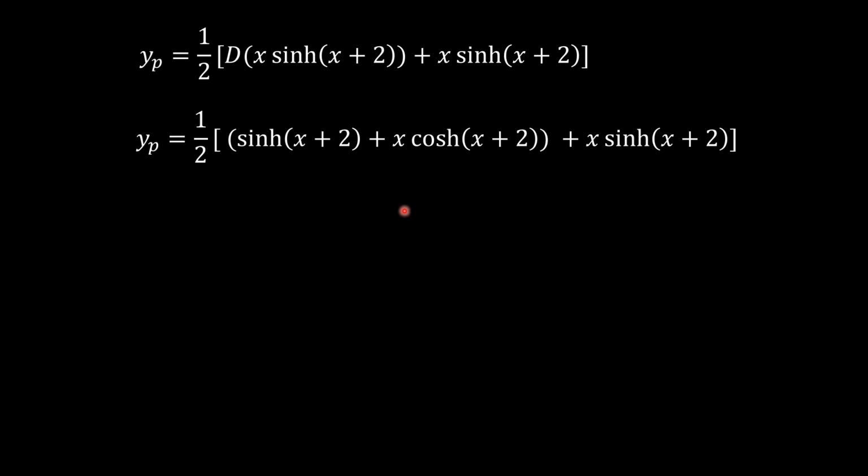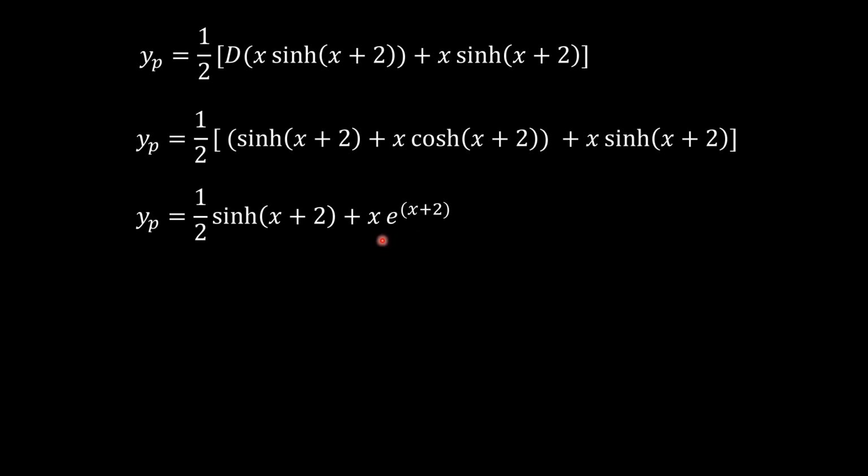Now simplify this expression further. Combine the last two terms, that will give us x into 2 times, we can take x common and write expressions for the cos h and sin h functions, and simplify them. We will get 2 times e raised to x plus 2, and that 2 will get cancelled.